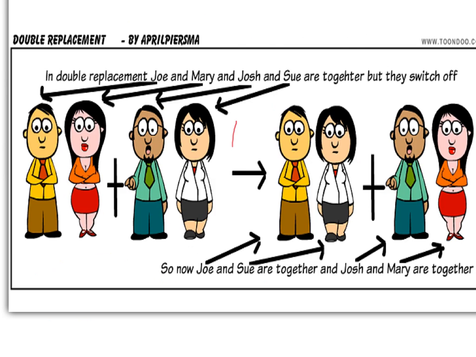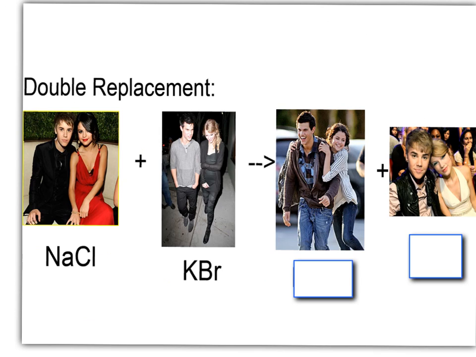And another cute cartoon to show the double replacement reaction, and you can see basically what's happening here is that the men are going to swap places with each other, and we end up getting two new couples, or compounds if we're talking about a reaction. So here we have a real-life example. We've got Justin Bieber and Selena Gomez, and at one point in time Taylor Lautner and Taylor Swift.